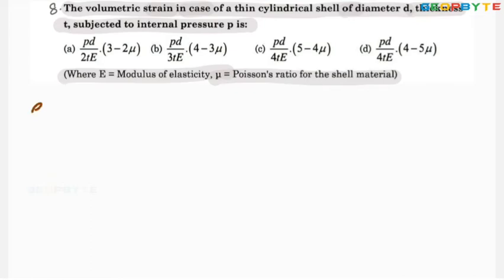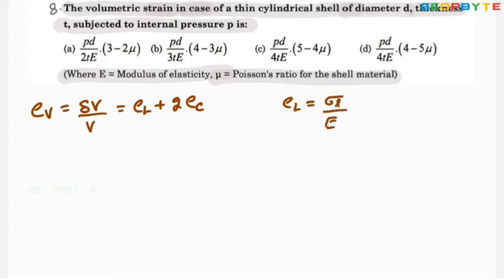My dear friends, volumetric strain equal to change in volume by original volume equal to epsilon L plus 2 epsilon C, where epsilon L equal to longitudinal strain equal to sigma L by E minus sigma C by mE.